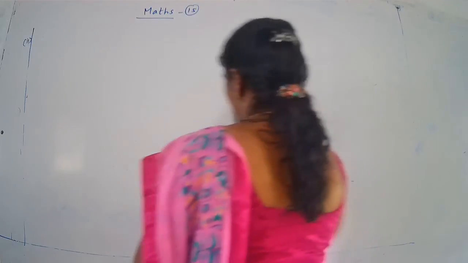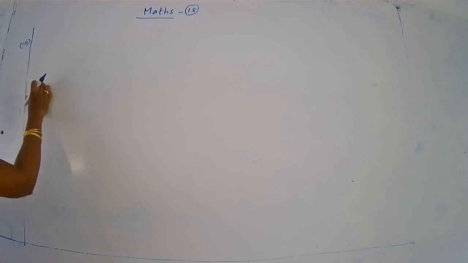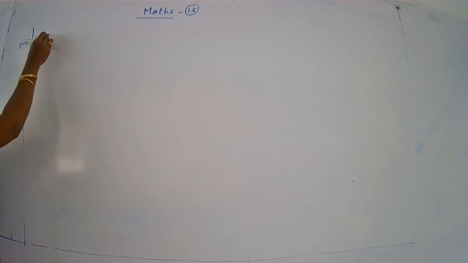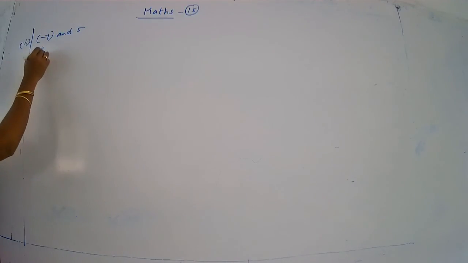The rule is A multiplied by B is equal to B multiplied by A. Okay, children, here A is equal to -7, B is equal to 5. So A into B is equal to -7 into 5. What's the value? Minus into plus is minus. 7 fives are 35. So your answer is -35.